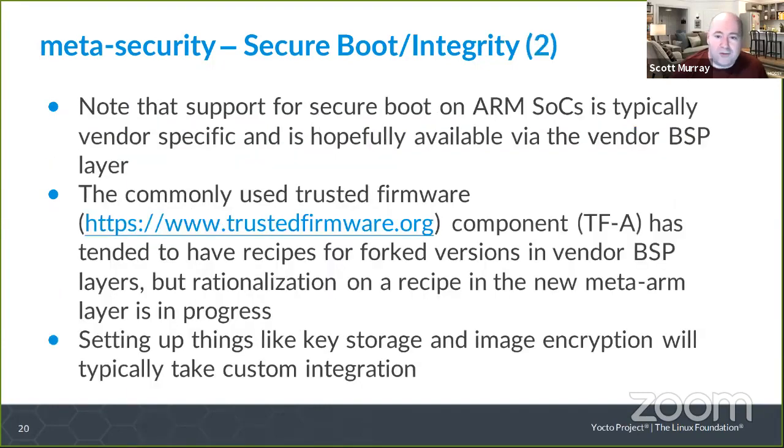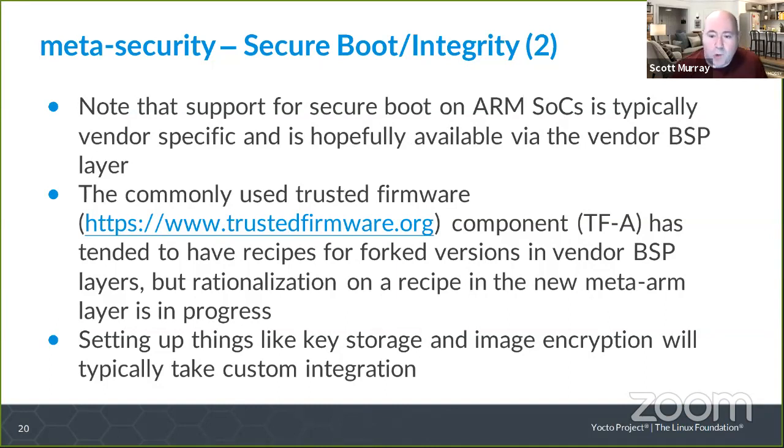Note that for ARM system on chips, typically the trusted boot or secure boot is vendor specific, and hopefully the vendor BSP has any tools or kernel changes required for that. As well, the trusted firmware component that's typically used has shifted into more of a consortium mode.